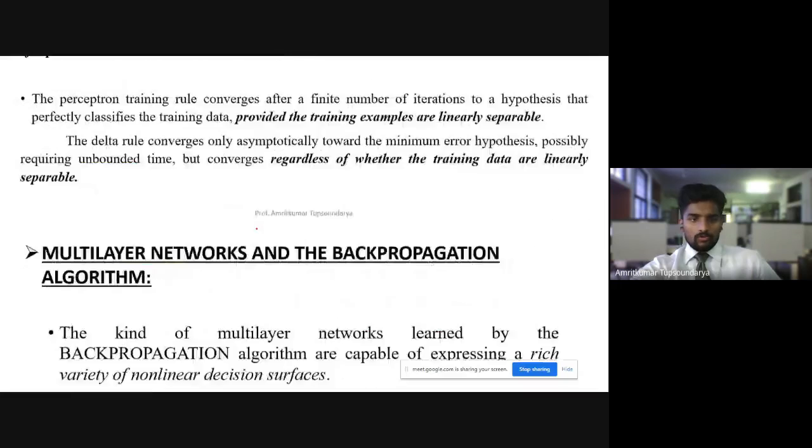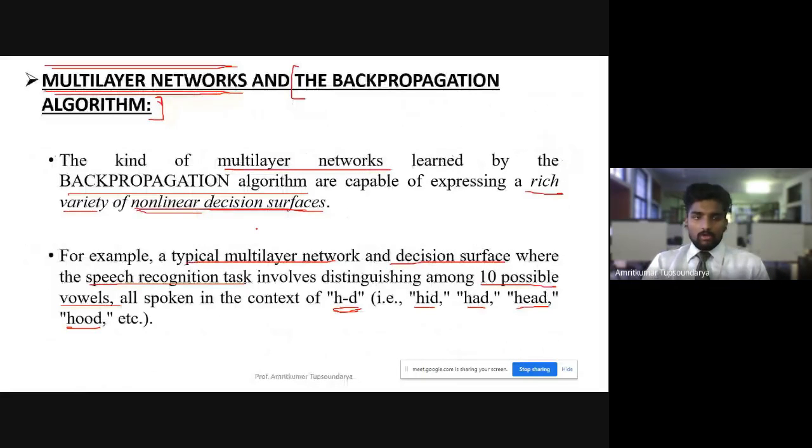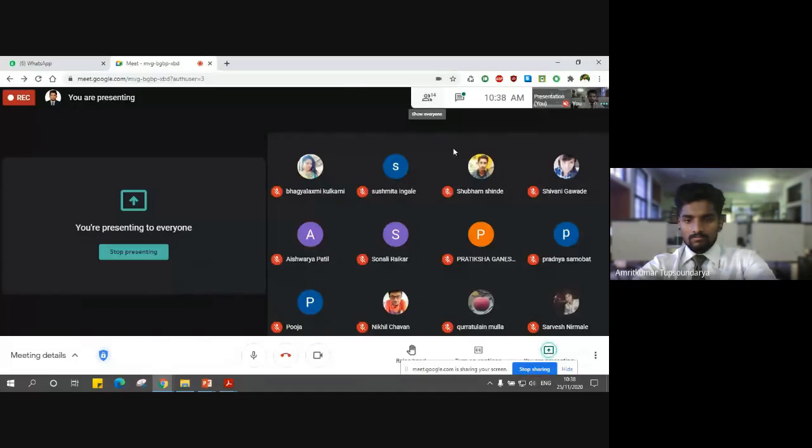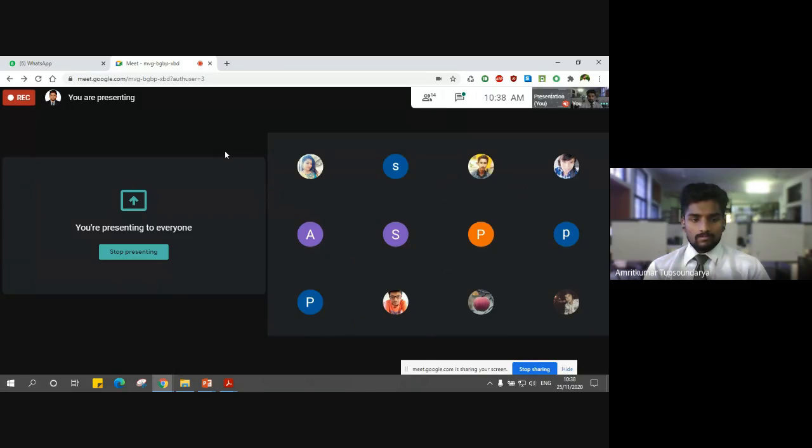Right. So with this understanding in the background of our multi-layered network, we shall discuss the backpropagation. But let me take the doubts. If you have any doubts, you can ask. Anybody with any doubt? Please respond, guys.